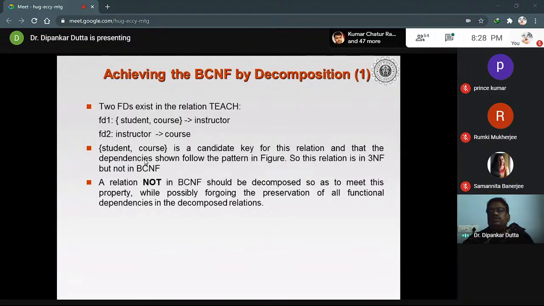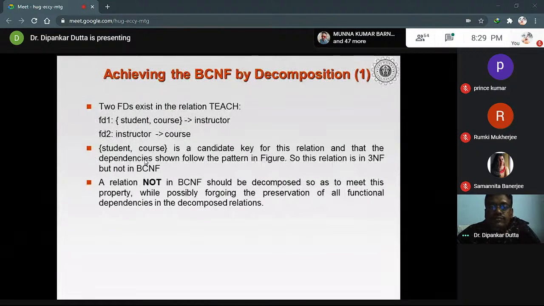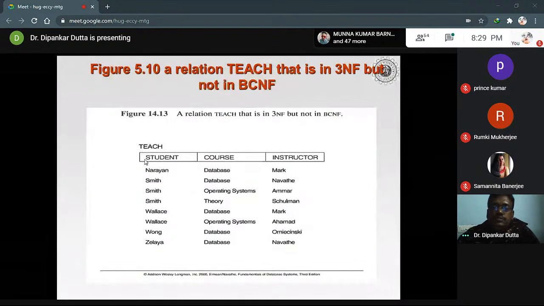It is a very common question in interview boards: give an example where the relation is in 3NF but not in BCNF. The example will be this, or maybe an example like this.